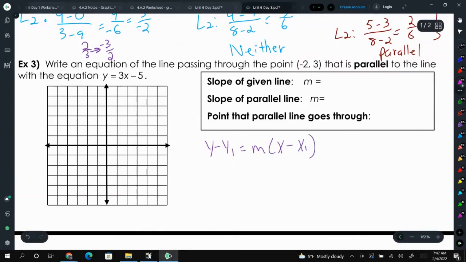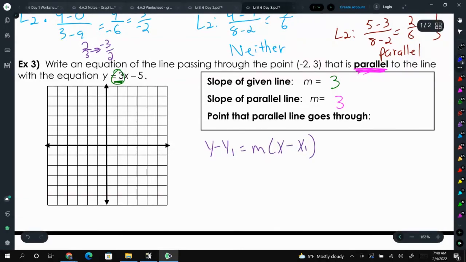Now, the slope that we're trying to find, we want parallel to y equals 3x minus 5. So the slope of the given line is 3 because it's 3x. So that means the slope of the line we want to write the equation for must also be 3 because we want a line parallel to it.